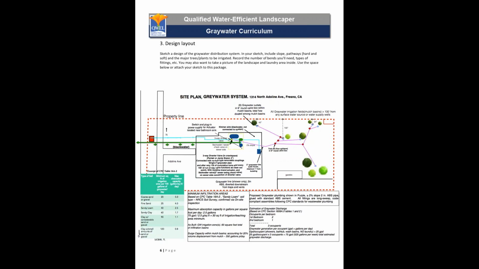We're noting the setbacks on this drawing. You see we're at least 2 feet off the property line at our closest location. We note the location of the actuator switch and also the actuator motor.